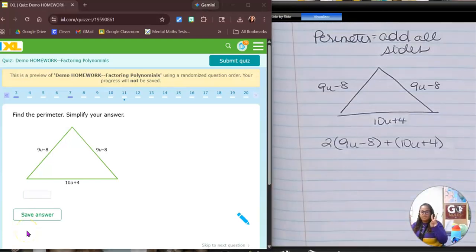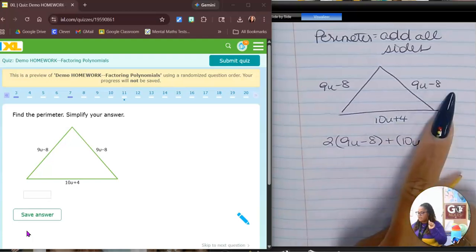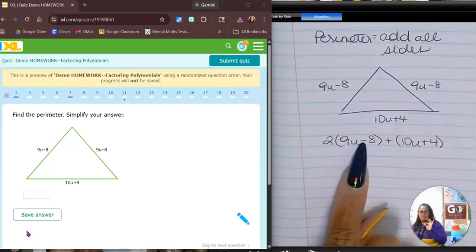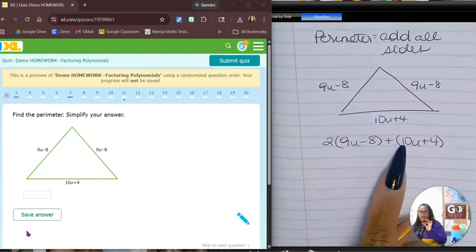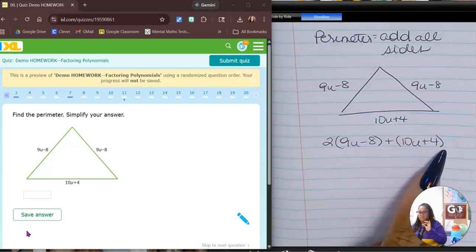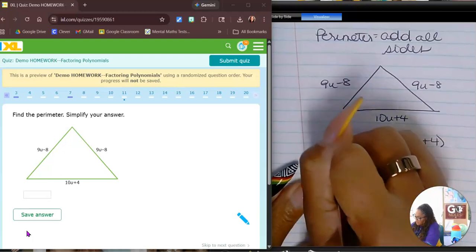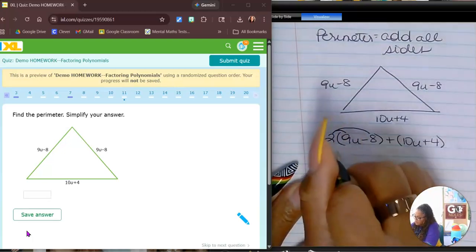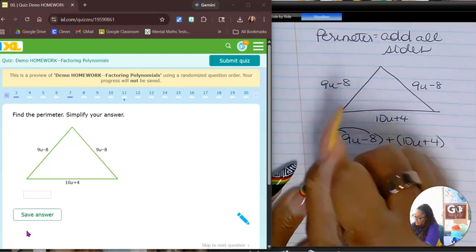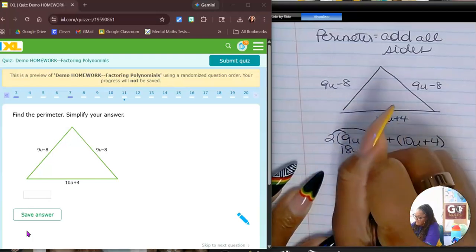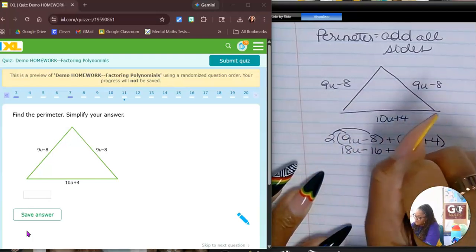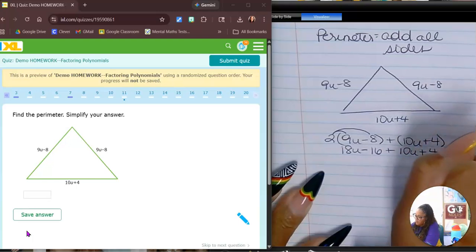Okay, I've got two sides that equal 9u minus 8, so I'm going to say 2 times that. Then I'm going to add my third side to be 10u plus 4. So let's distribute. 2 times 9 and 2 times 8. 2 times 9u is 18u minus 16 plus 10u plus 4.